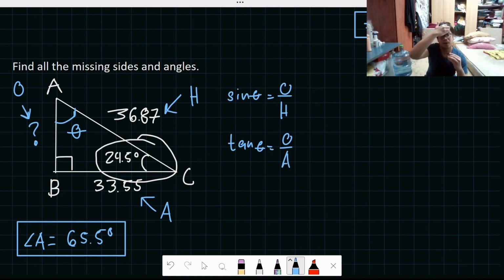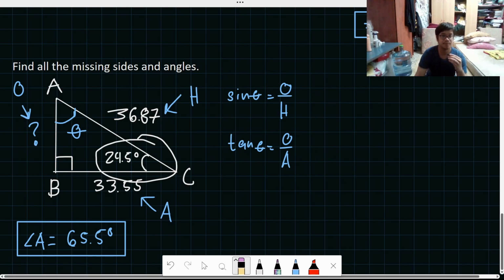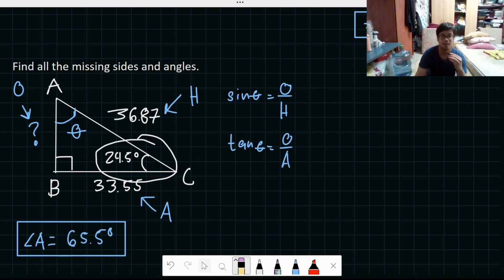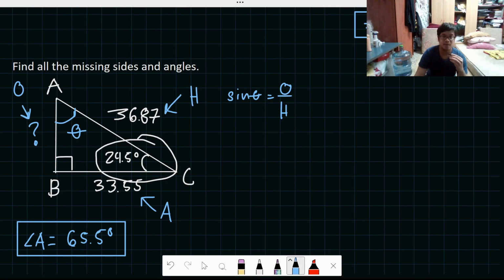So either way, it's still correct as long as you use the correct formula for this problem, and some of it are these two. Now, let's pick which one. So for me, I can pick sine theta.